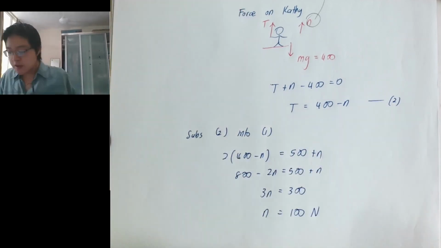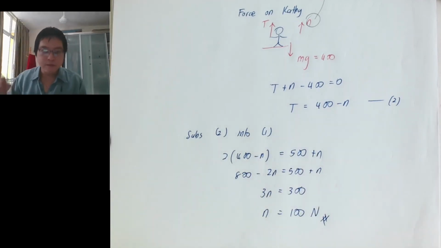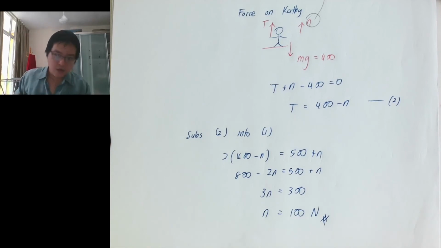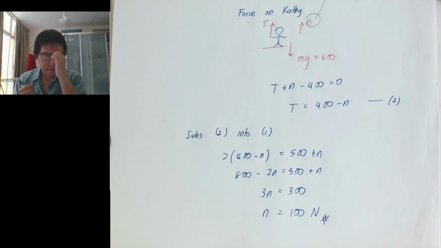So the normal force is 100 newtons. So Kathy exerts 100 newtons down onto the platform. Any questions? Everyone clear? That is how we get the force of Kathy.